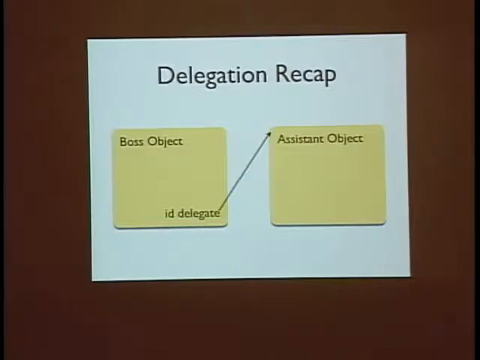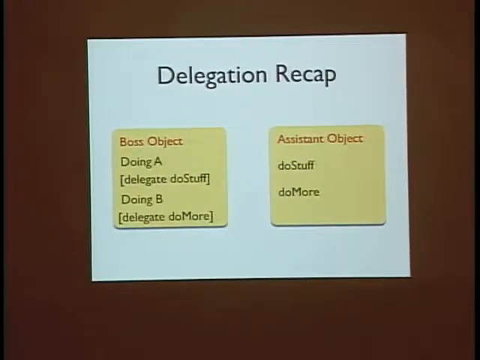The idea is that at some point, while this boss object is doing something, it'll reach a point in execution where something that might be of interest to the assistant happens, or the boss just doesn't know how to do something, or the boss has to go off to dinner, so he's going to hand off a ton of work to the assistant to take care of, so that when he returns, he can continue doing whatever it is he needs to do.